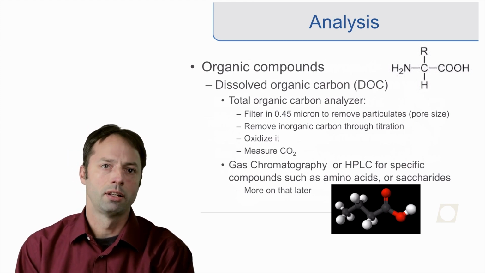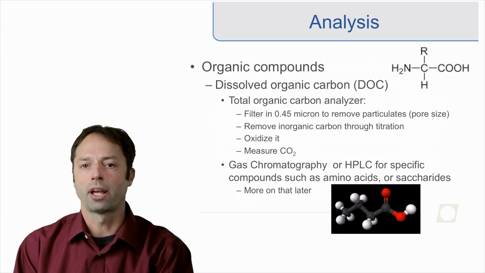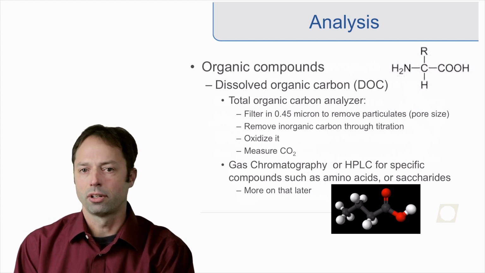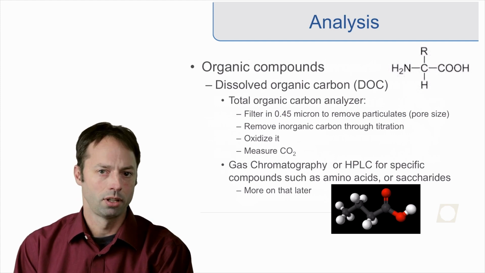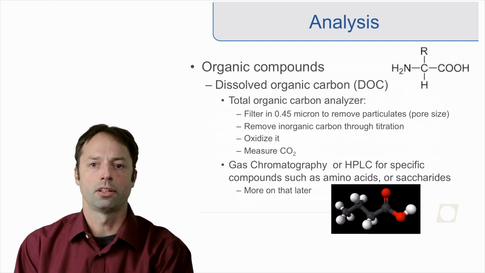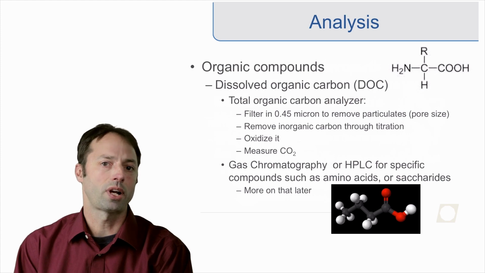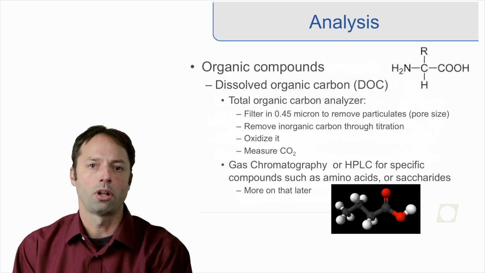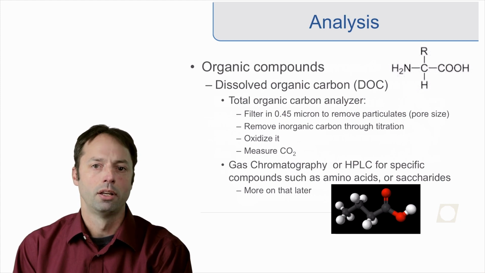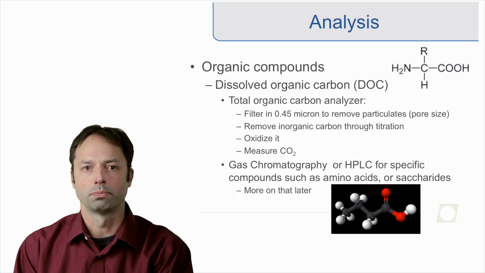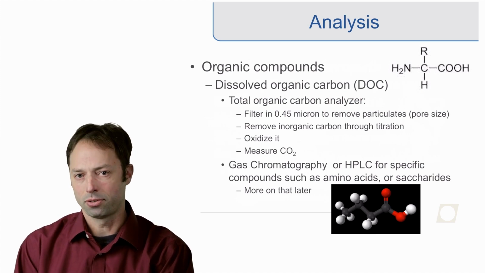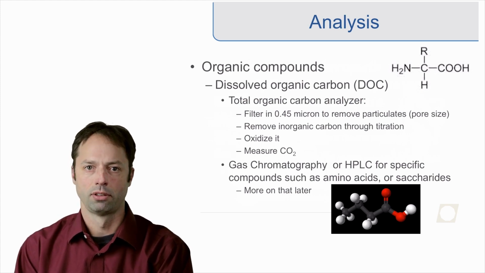You don't want any of that. And then remove the inorganic carbon, your carbonates, through titration. Carbonate is pH specific, so by getting your soil extract to the right pH, you can have all of your inorganic dissolved carbon come out in gaseous form. Then you oxidize what's remaining and measure the CO2 that is given off.